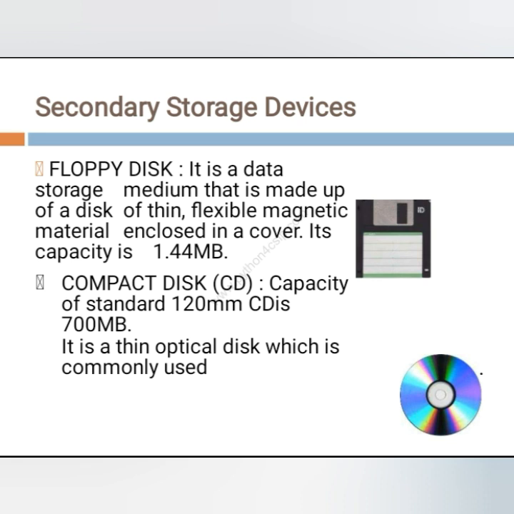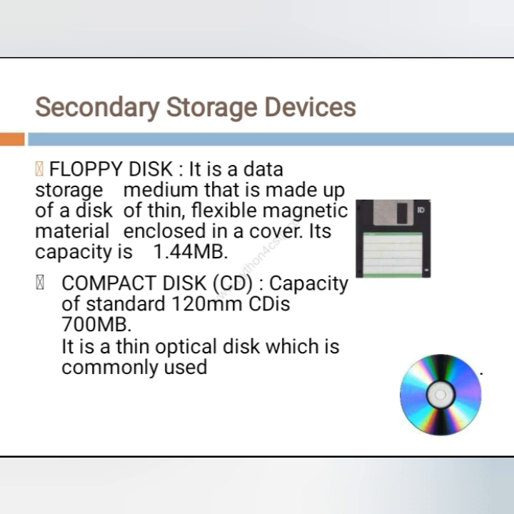Then floppy disk. Nowadays we are not using this floppy disk. It is a data storage medium that is made up of a disk of thin flexible magnetic material enclosed in a cover. And a floppy disk capacity is 1.44 MB only.